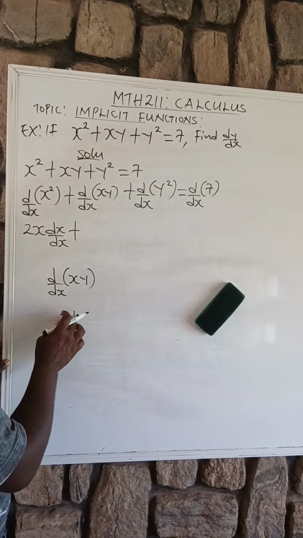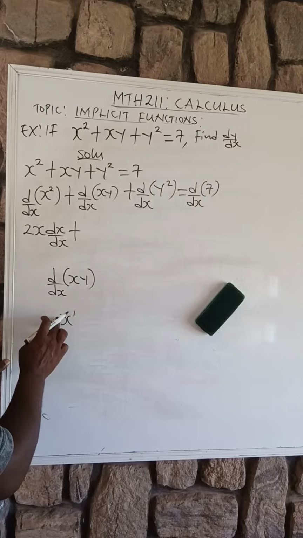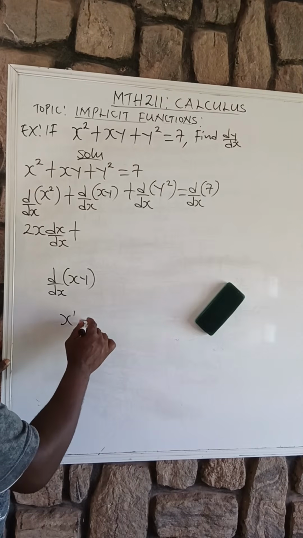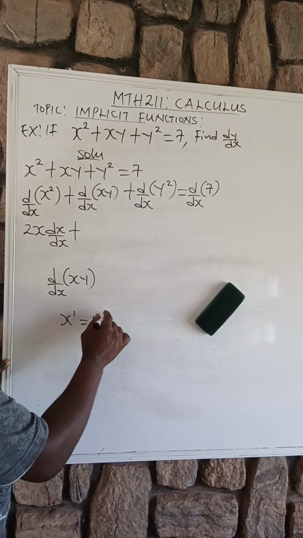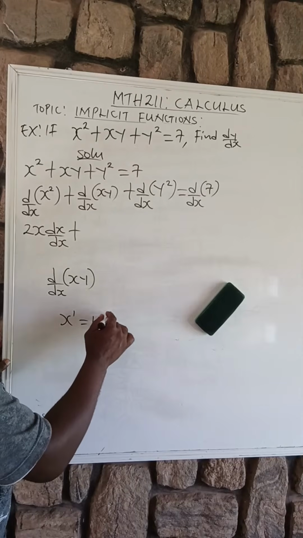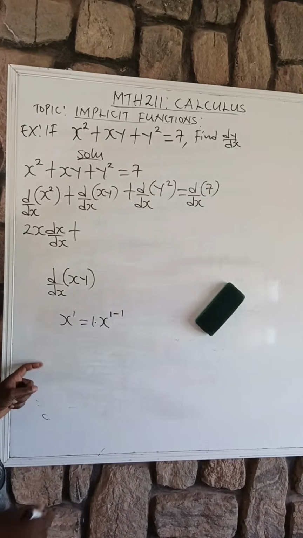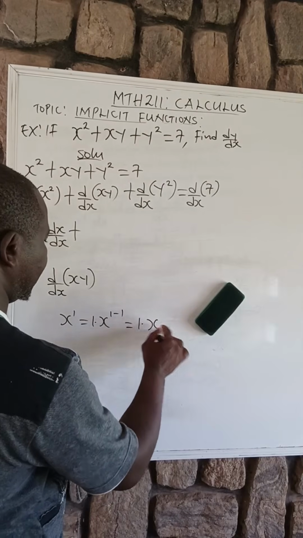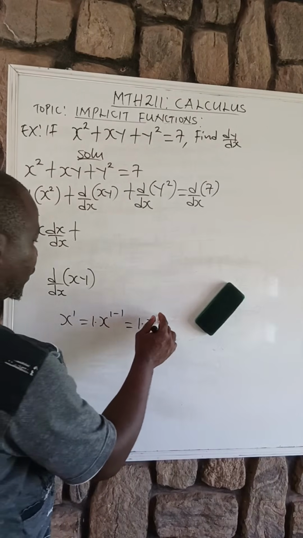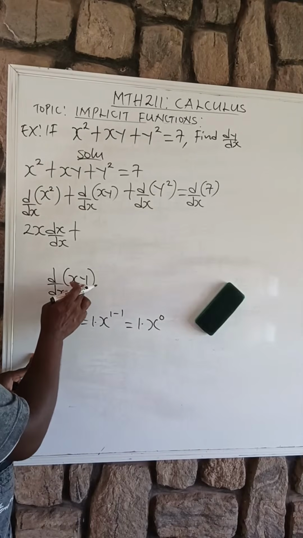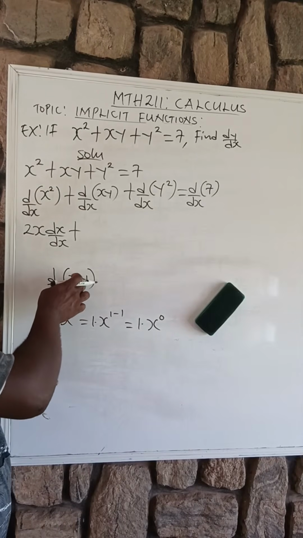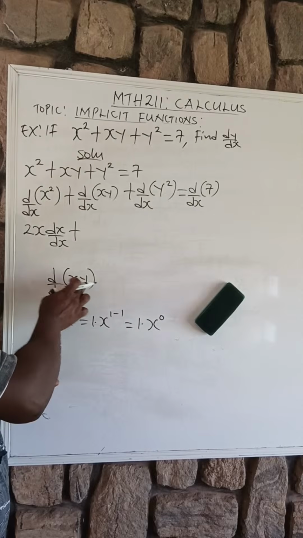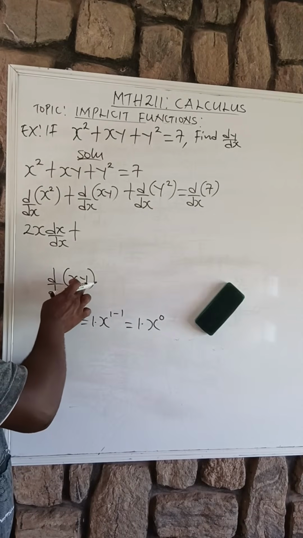So this one will multiply whatever is here to give us 1 times x raised to the power of 1 minus 1, which is 0. But mind you, y, you hold y constant. Keep it like this.